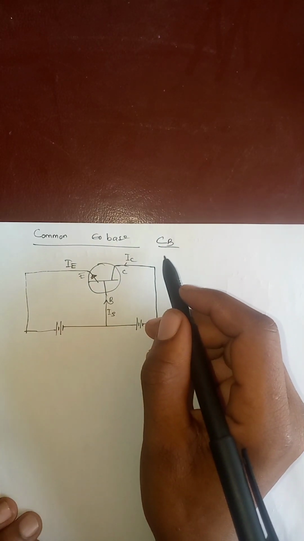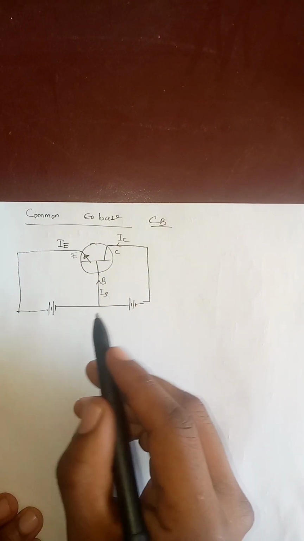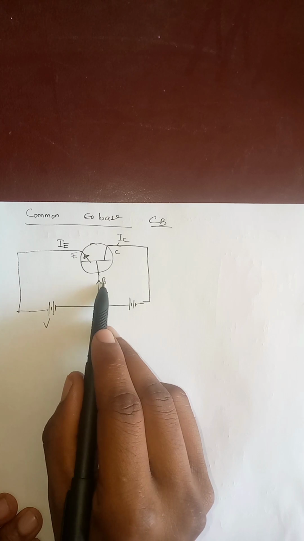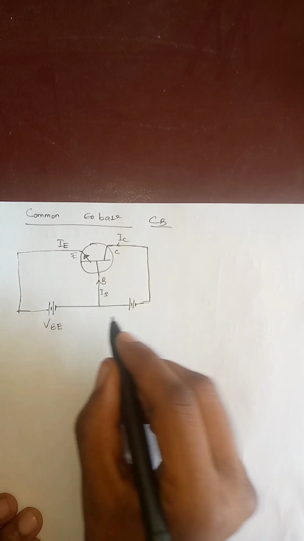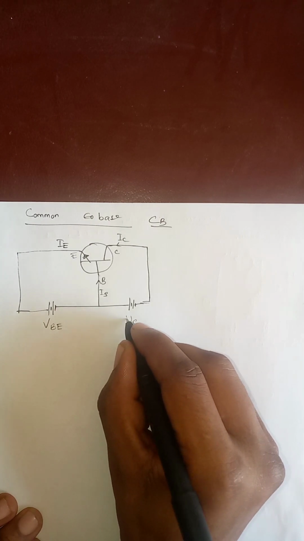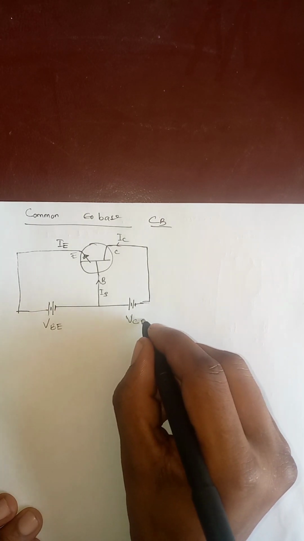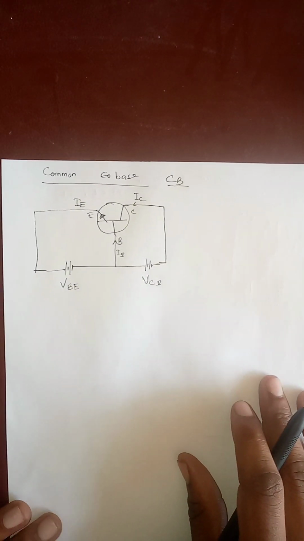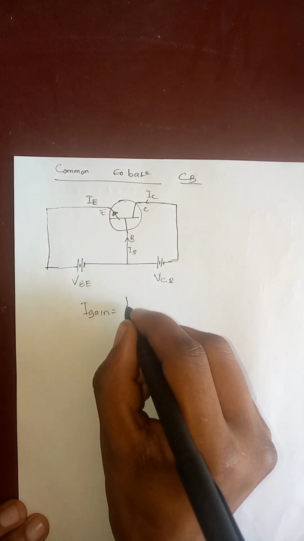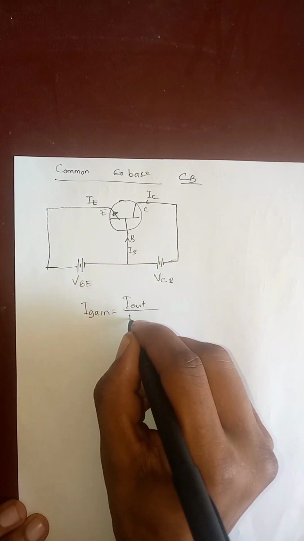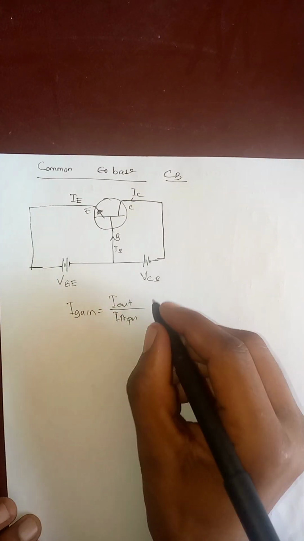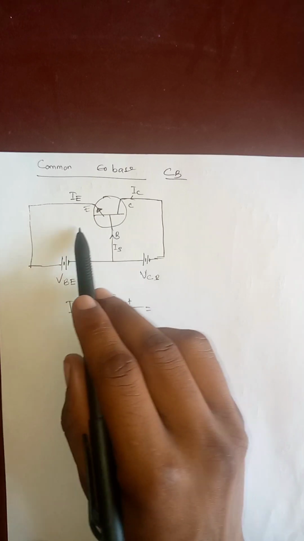This is common base. In common base we know this is VE, and this is base, so VBE. Here this is C and base, so VCB. Also we can find current gain. I gain is equal to I output over I input, current input. But we know what the current output is.